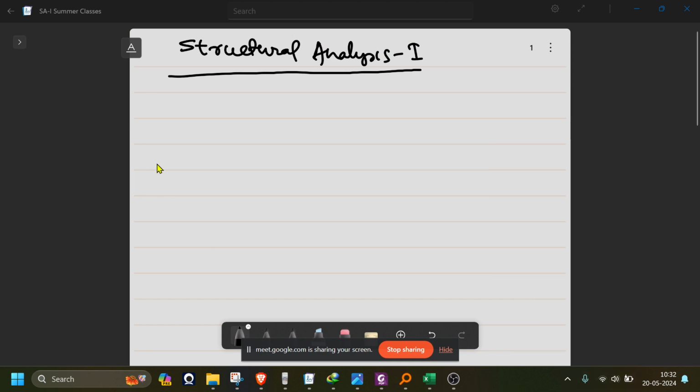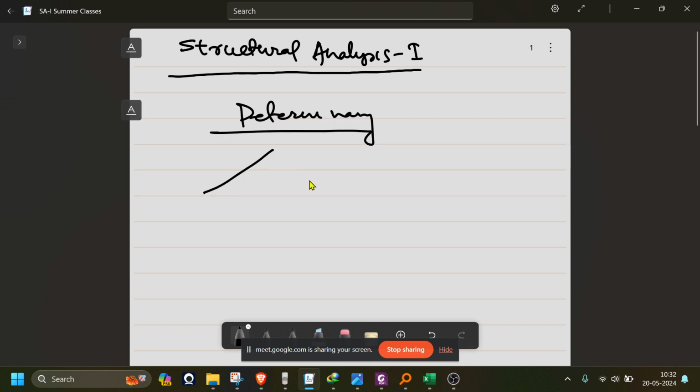So the first topic is determinacy and indeterminacy, right? So the first one is determinacy, right? So basically there are two types of determinacy.